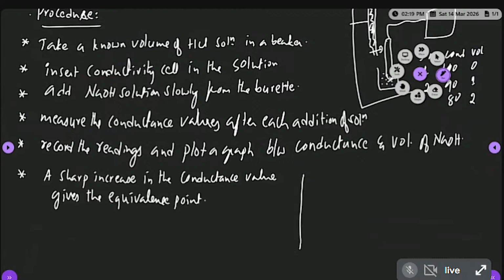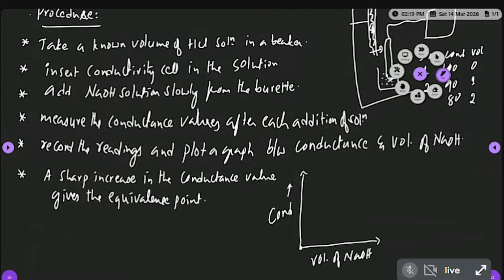Take the conductance values on y-axis, and volume of sodium hydroxide on x-axis. Okay, so this point indicates 0.